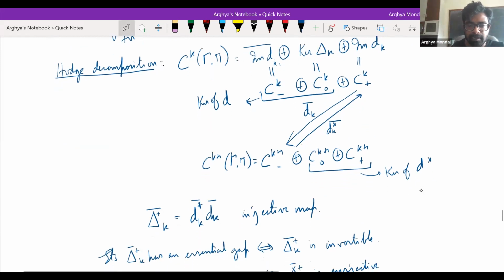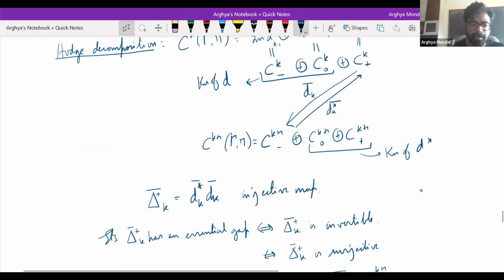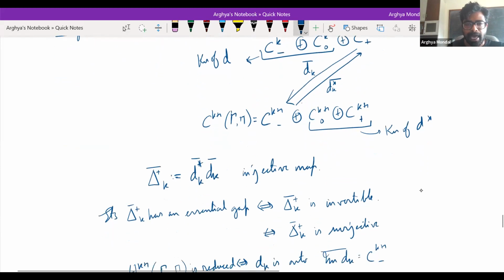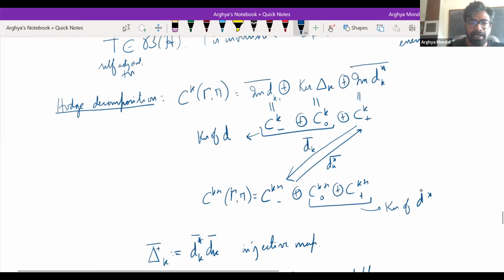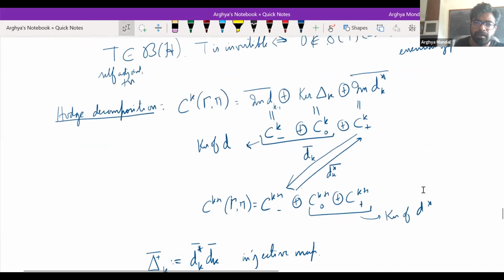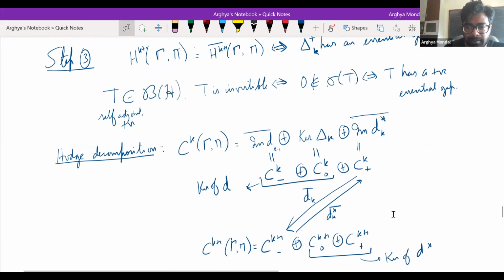And then I look at this. I call this the form of upper Laplacian delta plus k bar as the composition of these two, and this is an injective map because this is a composition of two injective maps. So now I can apply this result that I had said before, the invertibility result.